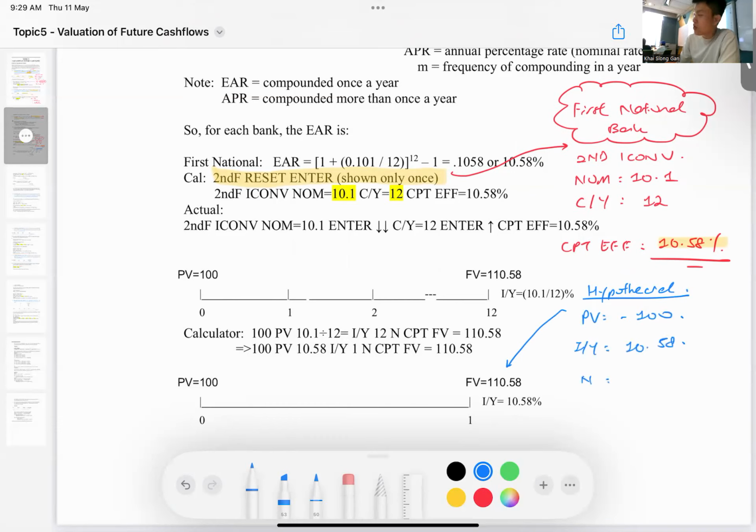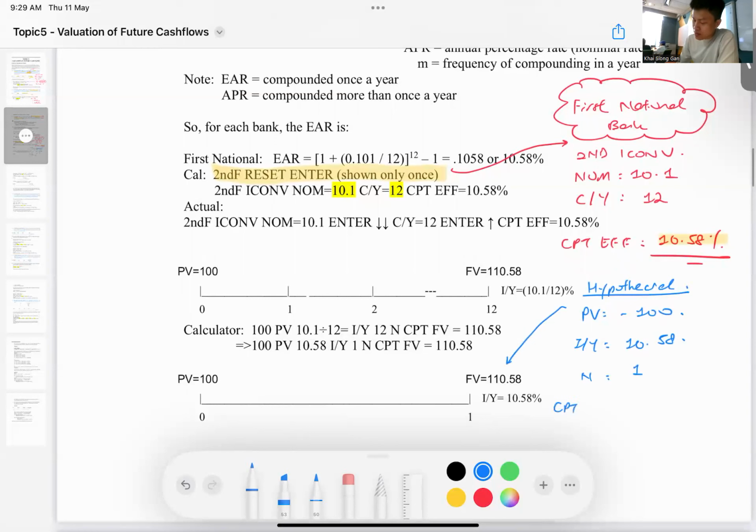And the number of periods, because it becomes 1 year already, since we already converted to EFF, so N equals 1. Then compute FV, that means at the end, the amount that I have to pay is 110.58.